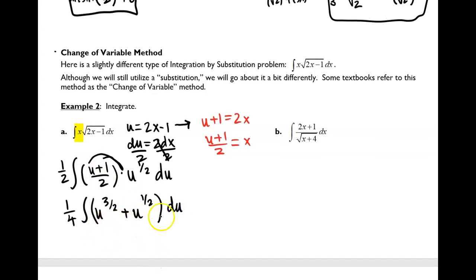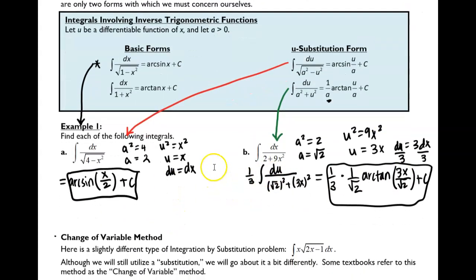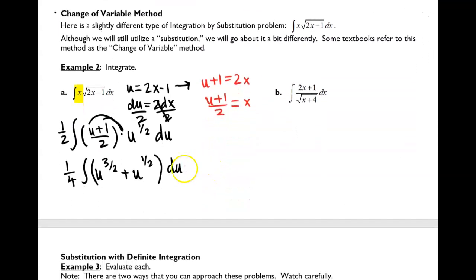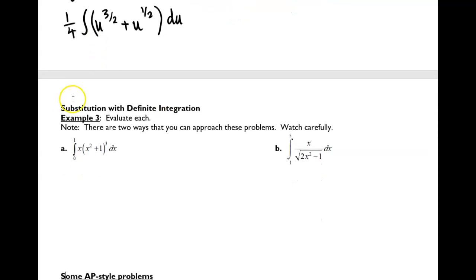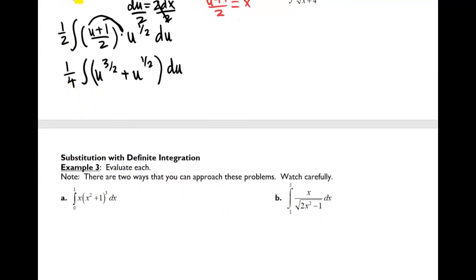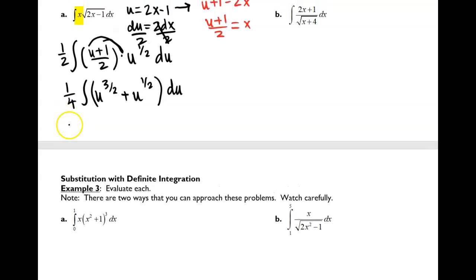Now this is a normal power rule type of problem. So I know what's happening and I can go ahead and integrate that. So I have 1/4 times u to the 5/2 times 2/5, multiplied by the reciprocal, plus u to the 3/2 times 2/3, plus c.